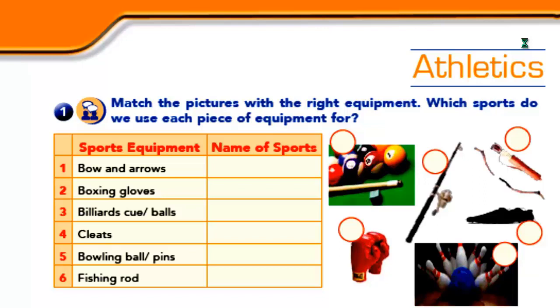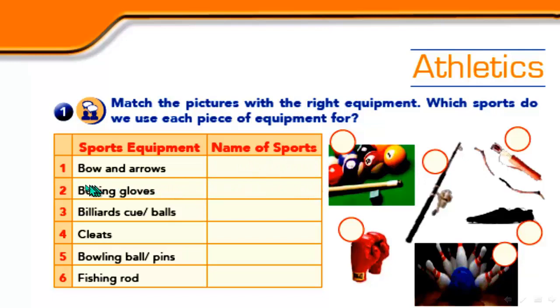Which sports do we use each piece of equipment for? So we have pictures here on the right side, and in the left side we have sports equipment, and here he asked me to name the sports.